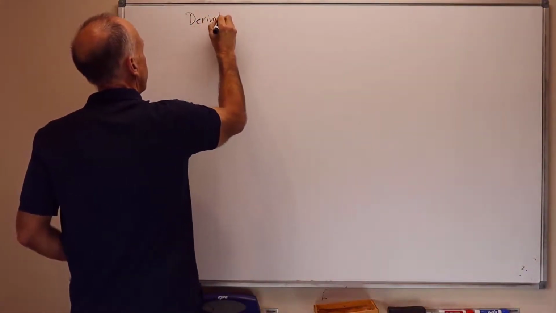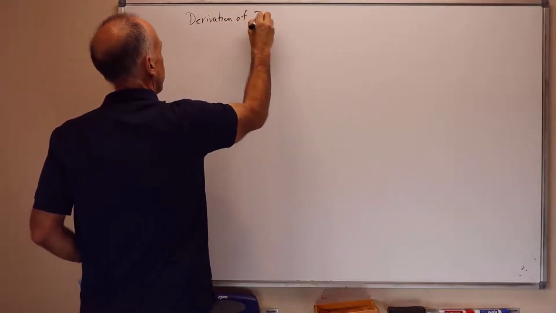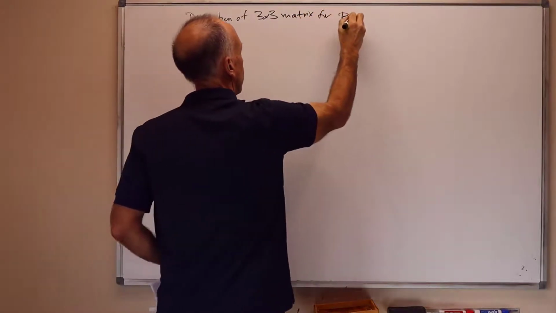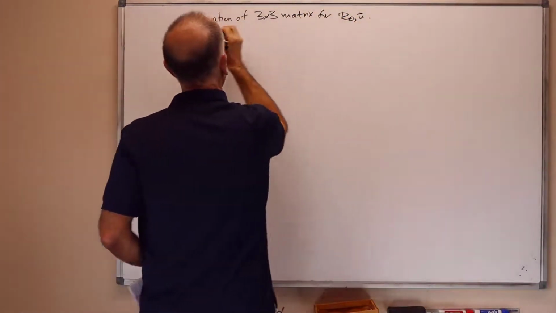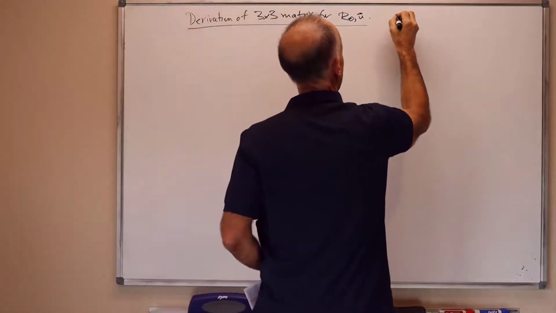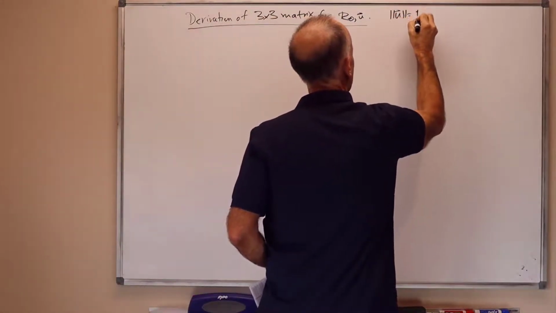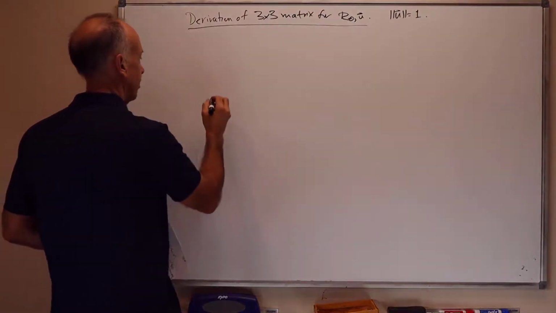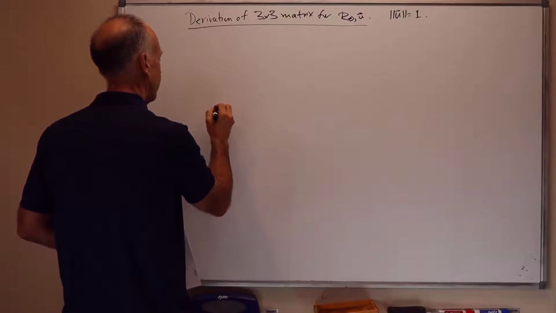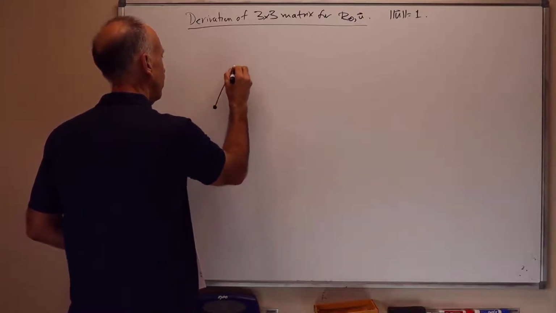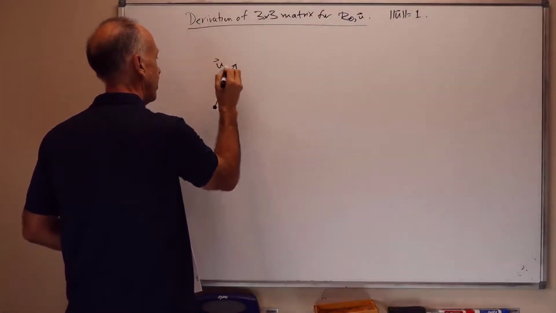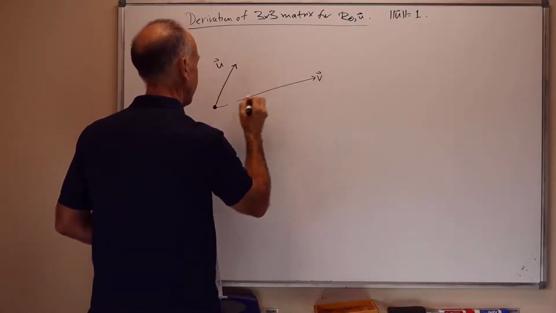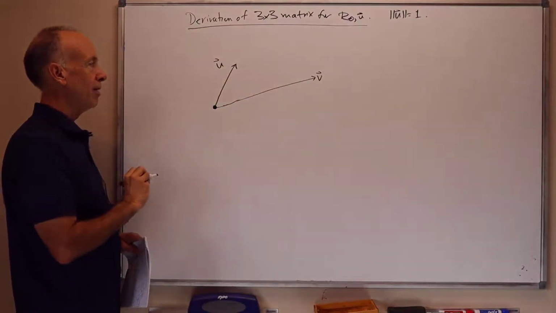So let's derive the 3 by 3 matrix for R theta u. Let me recall that u is a unit vector, so it has length 1. Let me draw a picture of this here. I've got some vector u sitting here, length 1, and I've got some other vector v sitting somewhere in 3 space, which I want to rotate around u.